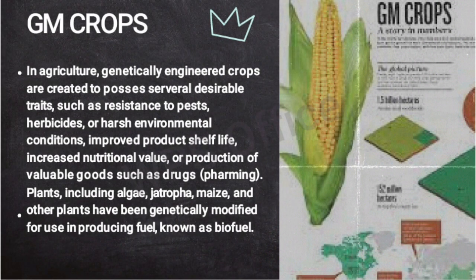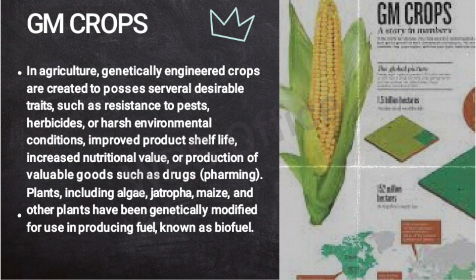Genetically modified crops. In agriculture, genetically engineered crops are created to possess several desirable traits such as resistance to pests, herbicides, or harsh environmental conditions, improved product shelf life, increased nutritional value, or production of valuable goods such as drugs.